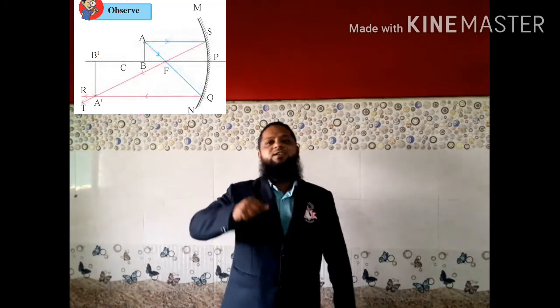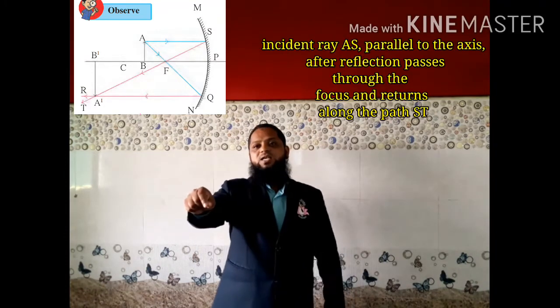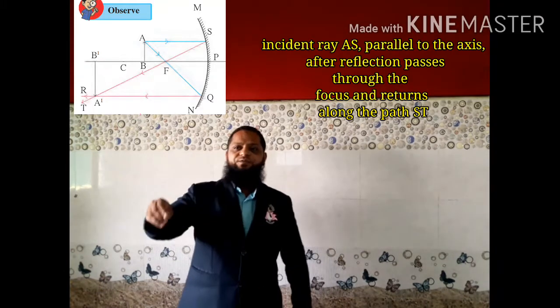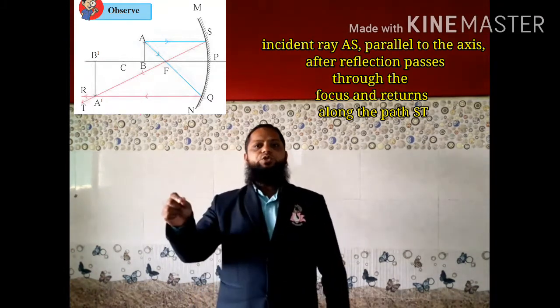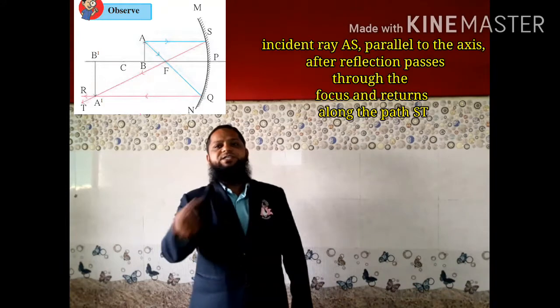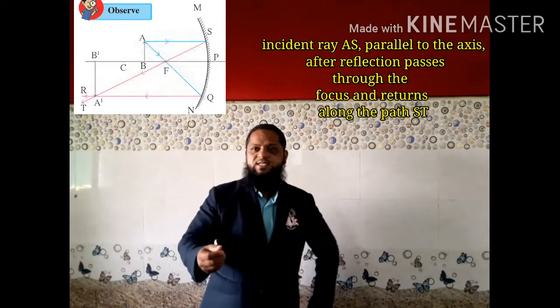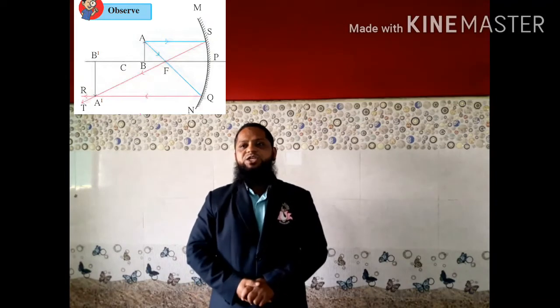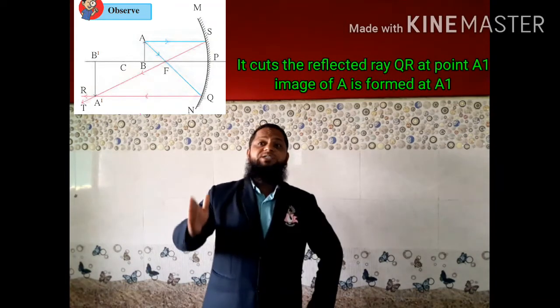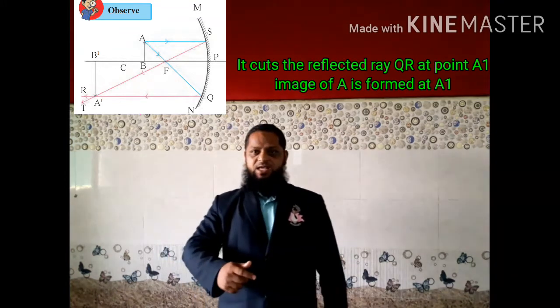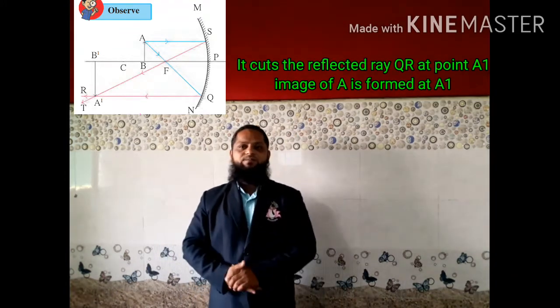The incident ray AS, parallel to the axis, after reflection passes through the focus and returns along the path ST. It cuts the reflected ray QR at point A1. The image of A is formed at A1.